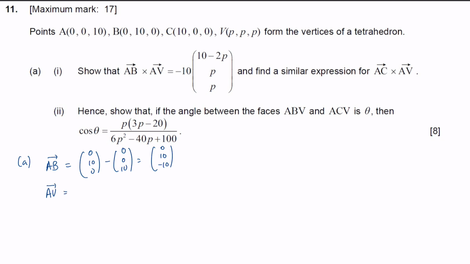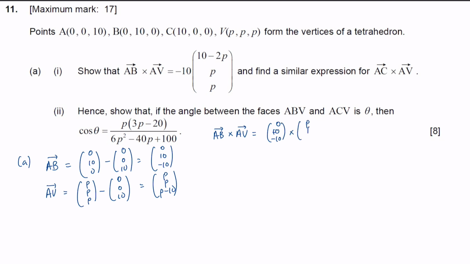AV is equal to (p, p, p) minus (0, 0, 10), and so that's (p, p, p minus 10). So AB cross AV is equal to (0, 10, minus 10) cross (p, p, p minus 10). Okay, and then we need to compute it out.